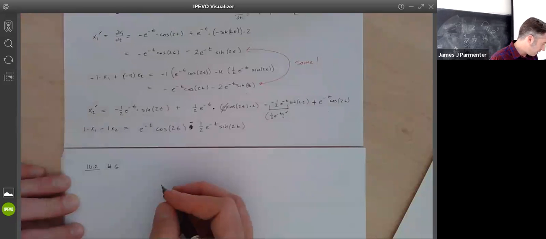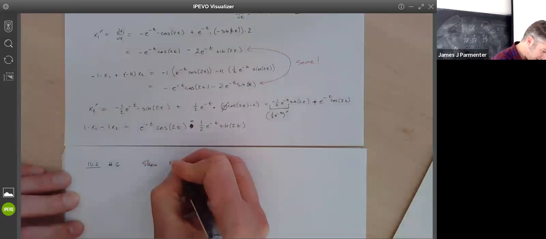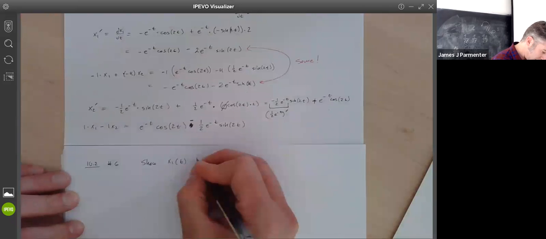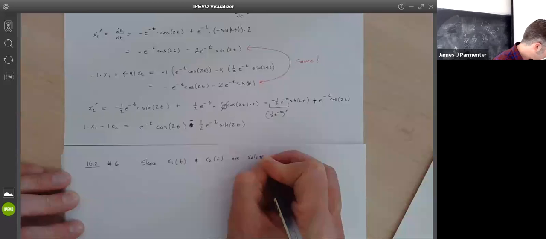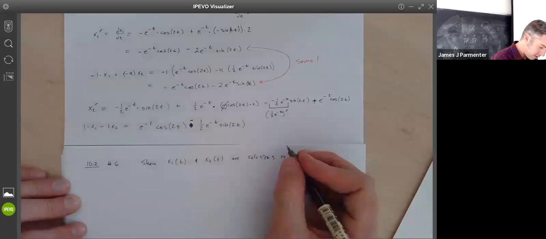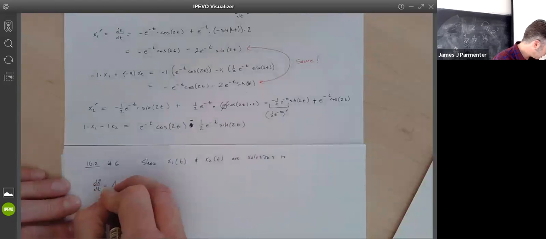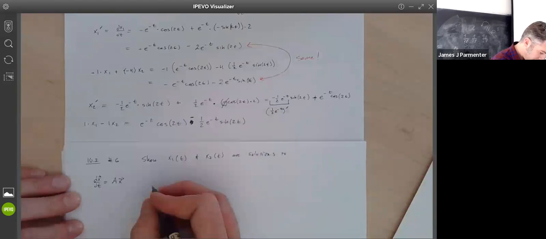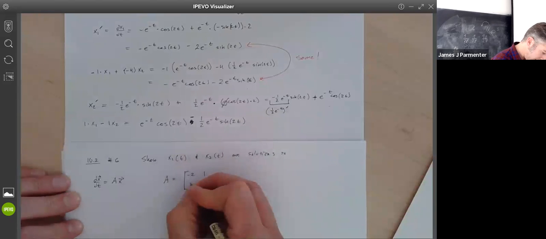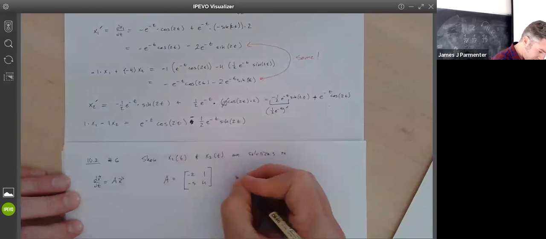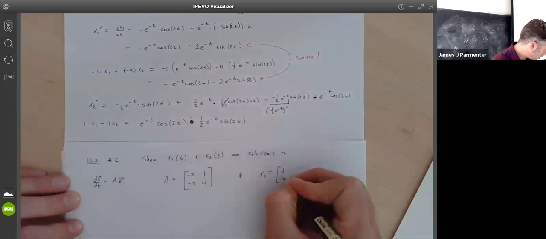So now we want to do the same thing, show that x1 of t and x2 of t are solutions to dx/dt equal to A times x, where A is equal to the matrix -2, 1, -5, 4. And we also have the initial condition x not equal to 1, 5.